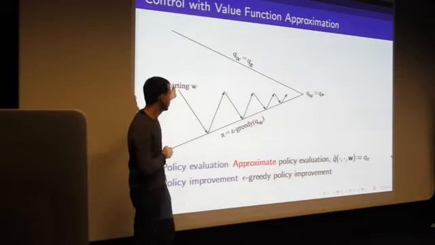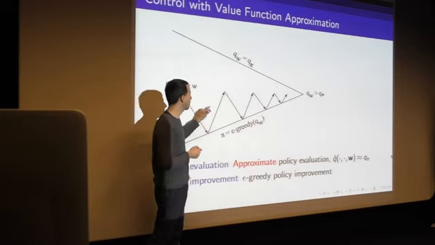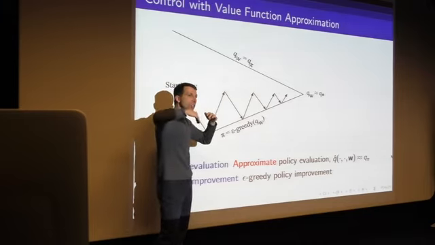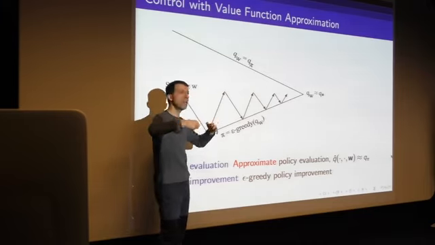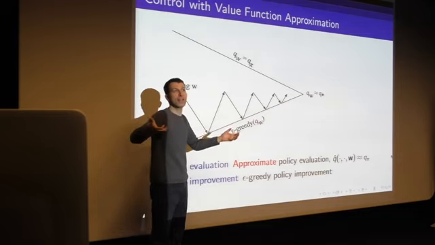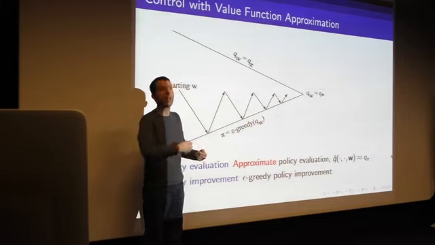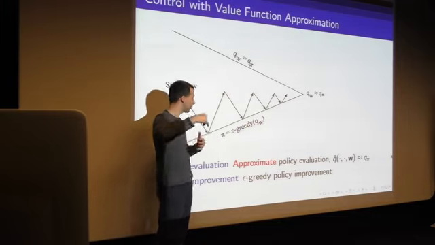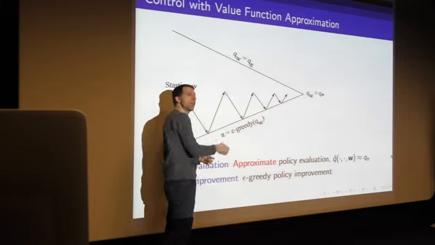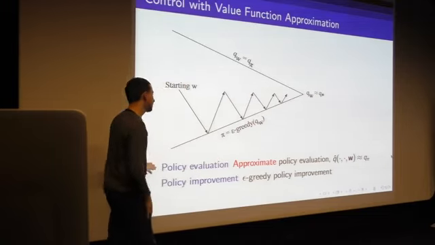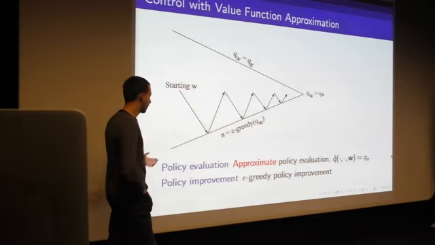Every single step, we're going to start evaluating our policy. We're going to update our neural network once, slightly adjust the shape of our curve, and immediately act with respect to that latest neural network to pick our actions. There's no reason to wait until you've really adjusted your neural network an awful lot before you start picking actions again. Why not always use the freshest, most interesting information you've seen? And so that's the idea of this approach here.